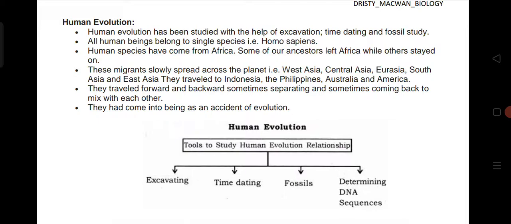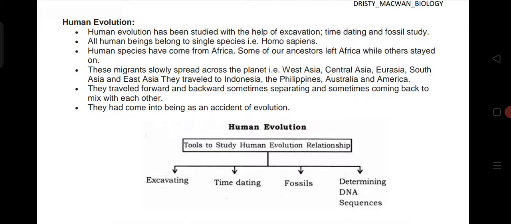So human evolution has been studied with excavation and time dating, that is, the time at which the evolution took place, as well as fossil study, that is, what exactly the fossils were which explain the exact change observed in humans.